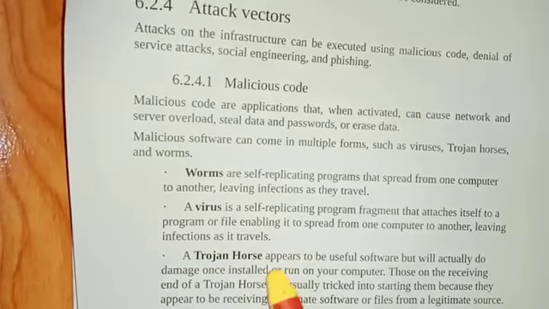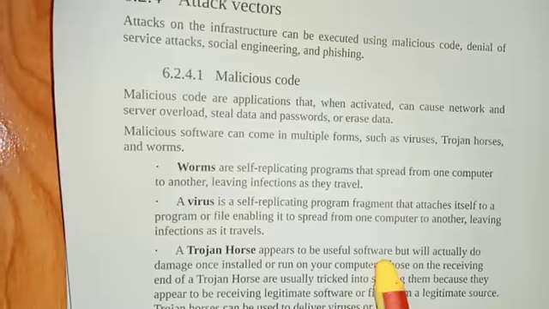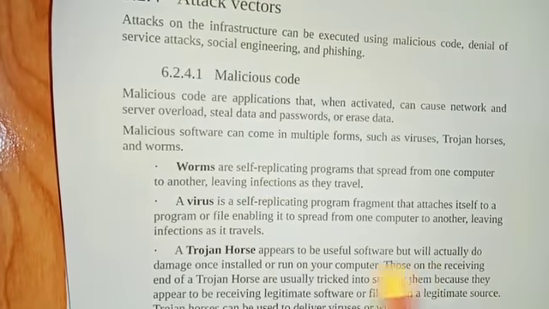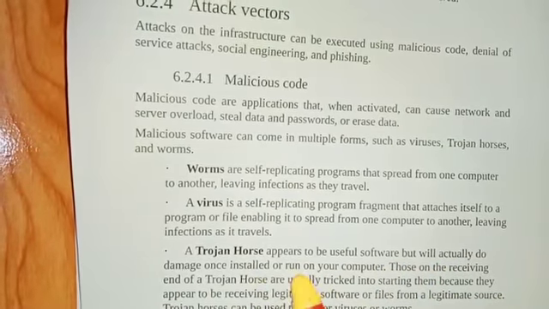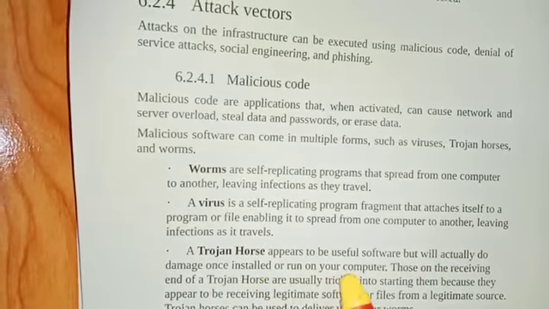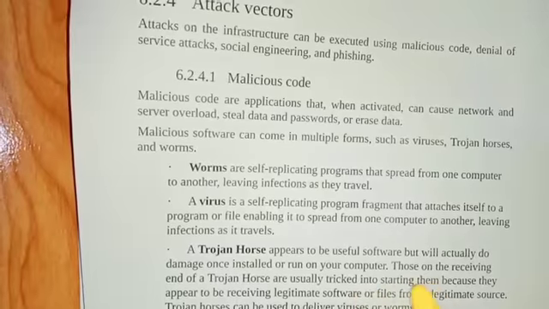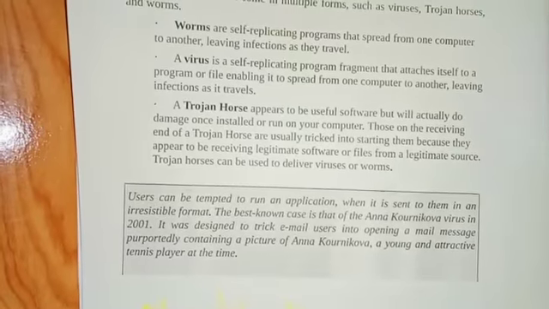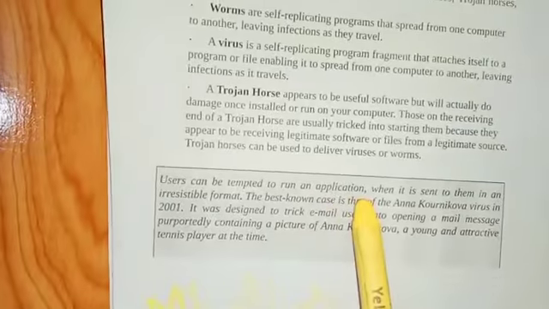A Trojan horse appears to be useful software but will actually do damage once installed or run on your computer. Those on the receiving end of Trojan horses are usually tricked into starting them. Users can be tempted to run an application.